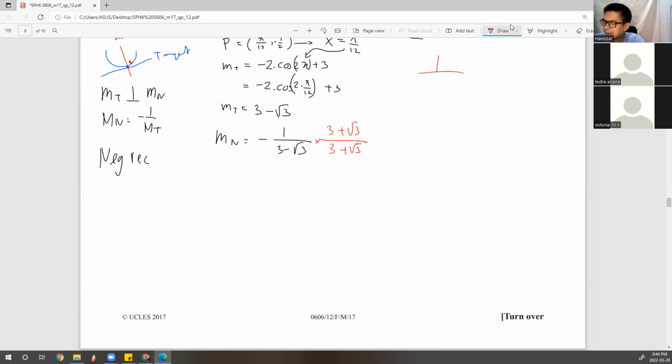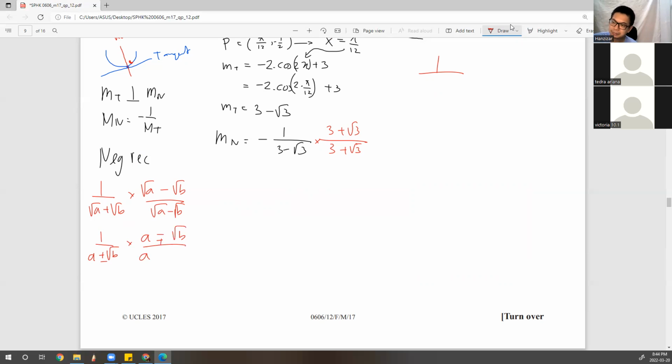So for example, I have 1 over square root a plus square root b. If you want to rationalize the number, multiply by square root a minus square root b. Or if I have 1 over a plus or minus square root b, I multiply by a minus or plus square root b. You just switch the operation.